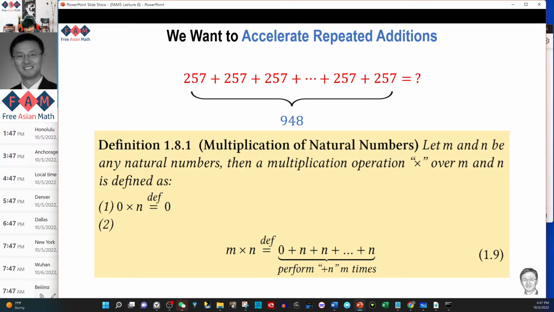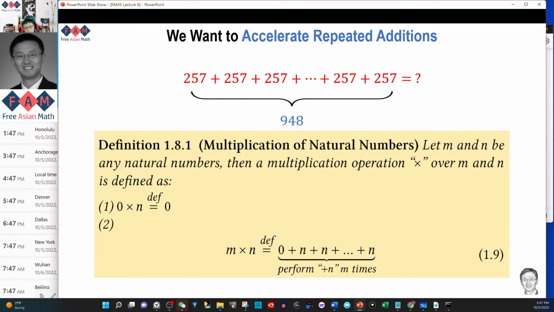Now, with this one, we further define the general case m times n. This is defined as follows. We start at 0. We just add n because we already have the definition of addition, right?